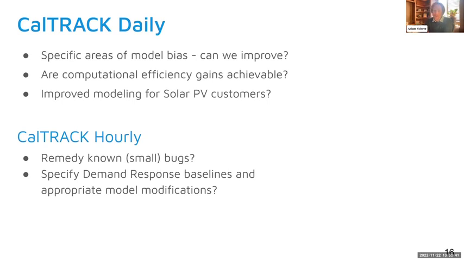So we made some progress on this already, working with the California Independent System Operator. And we'd like to bring some of that information, those findings, to this group and talk about how DR baselines can be established within the CalTrack framework.